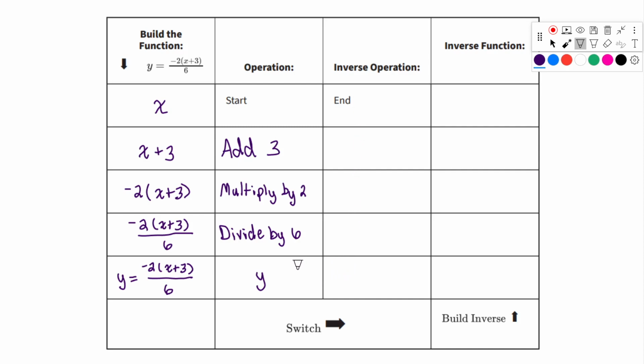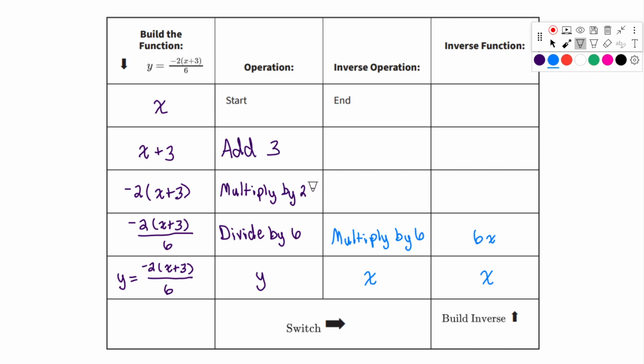Well, the inverse operation, we're going to start from the bottom and we're going to work our way up. Now the inverse of y is x, so we start with x. The inverse of divided by 6 is multiply by 6. So now I have 6x.